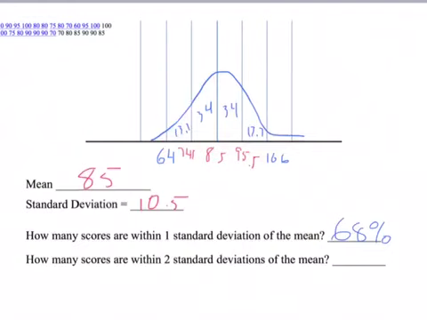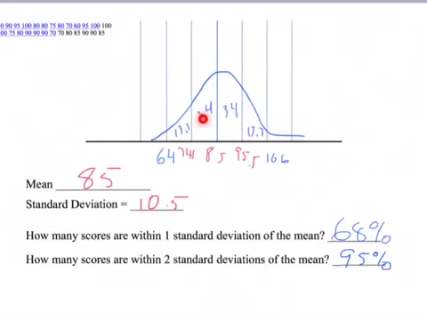How many scores are within two standard deviations of the mean? So that's when you would take this deviation plus this one, plus this one, plus this one, and you would get 95%. So 95% of your grades would fall in this area of the bell curve.